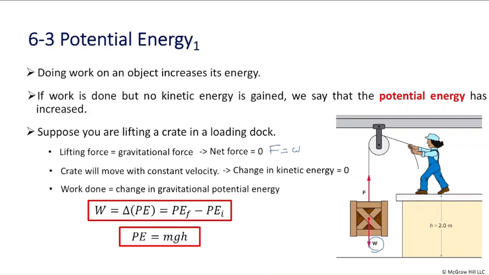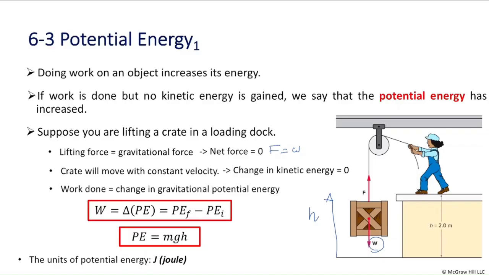Potential energy is equal to mgh. m is the mass, g is the gravitational acceleration, and h is the vertical distance the crate is lifted. Vertical distance, that is h. And this is called gravitational potential energy. So we are doing work against gravity. Since this is energy, the units are joules.